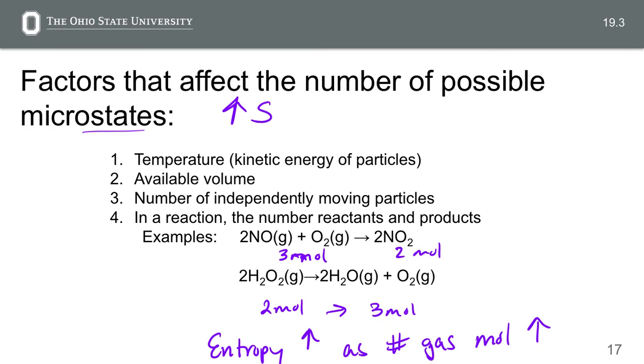So the side with the greater number of gas molecules has greater entropy. And so the other way of thinking about this is that only reaction 2 results in an increase in entropy.